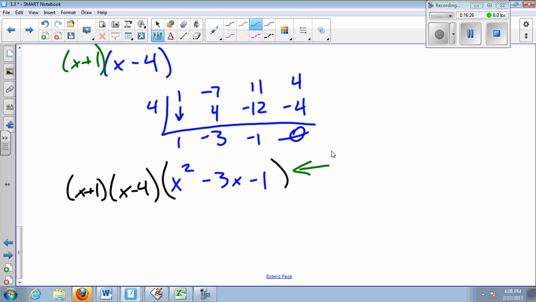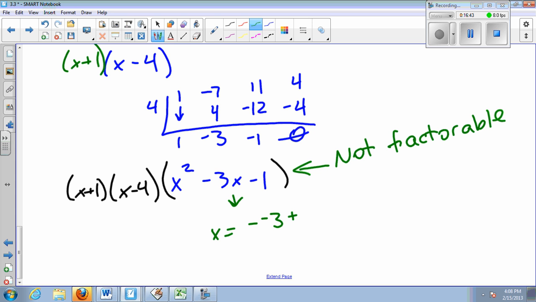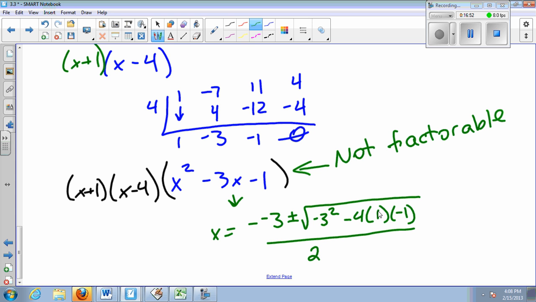So how do you solve non-factorable quadratics? By the quadratic formula. So x equals negative b plus or minus the square root of b squared minus 4 times a times c all over 2a.